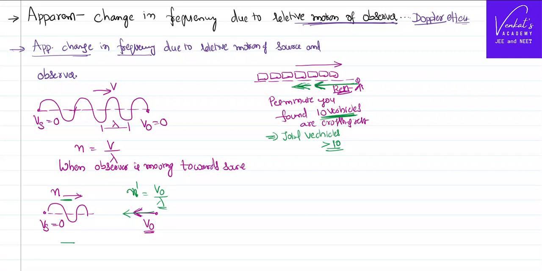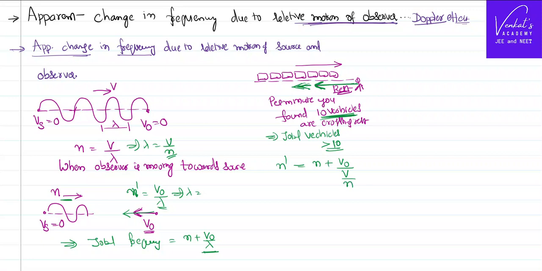So what is the total number of waves crossed? Total frequency in this case is the original frequency plus the extra frequency because of the motion of the observer towards the source. So n dash is n plus v observer by lambda. In place of lambda I can write v by n.